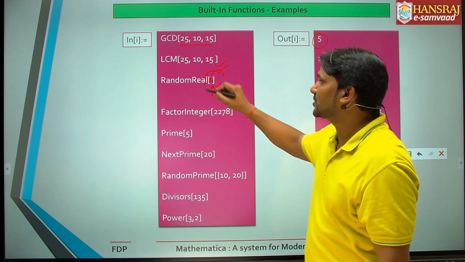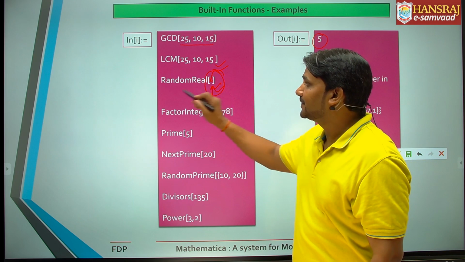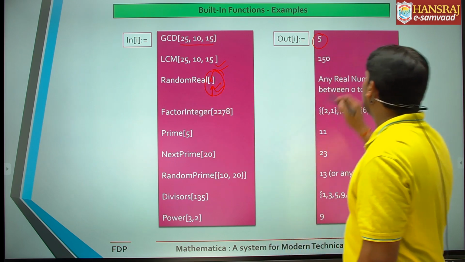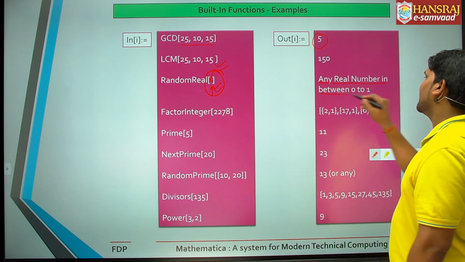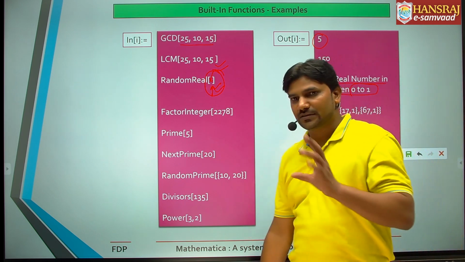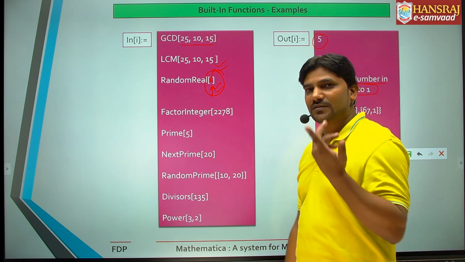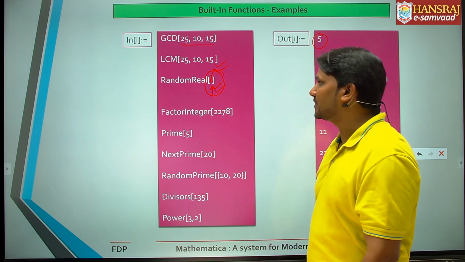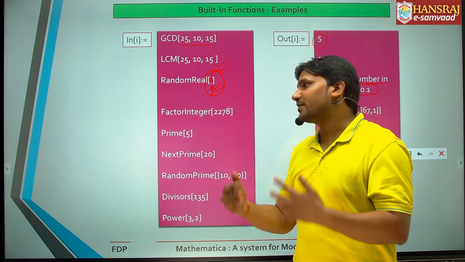So you just put it blank, RandomReal[], and any real number between 0 and 1 will occur. It may be 0.333, something like this, or anything, whatever the system picks for you.